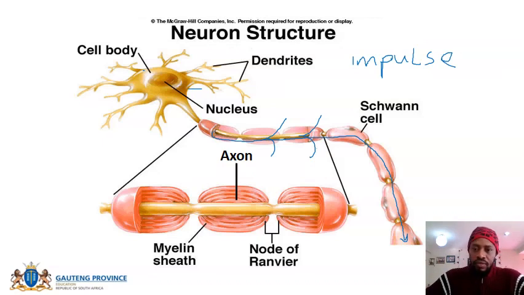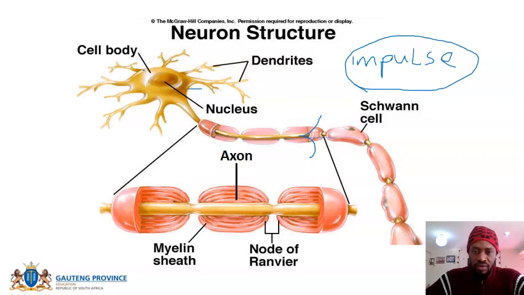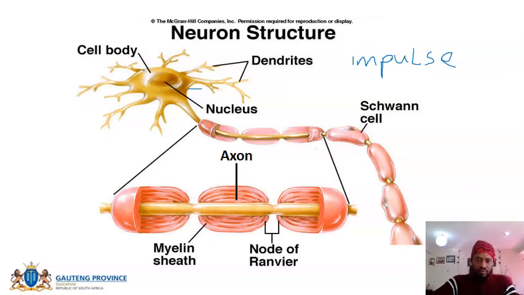That will be the function of the myelin sheath: because it is an insulator, it keeps the impulse within the axon such that it travels always at full speed. I think I've exhausted everything here. Those are the detailed structure of the axon.